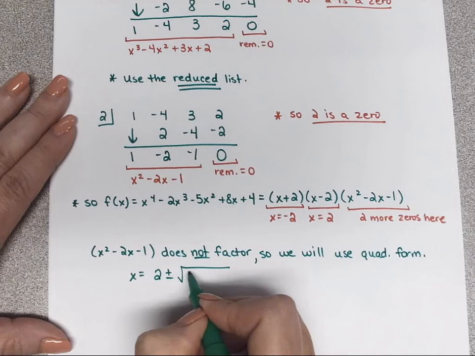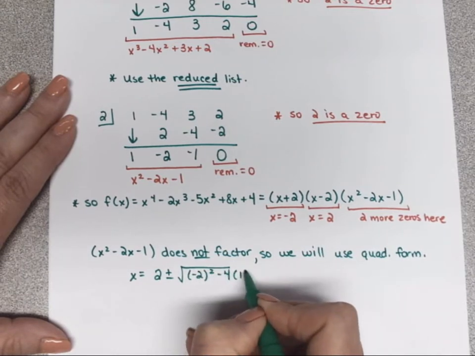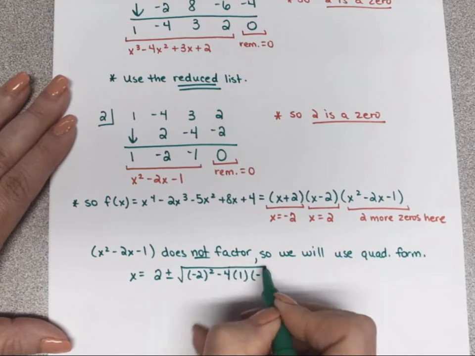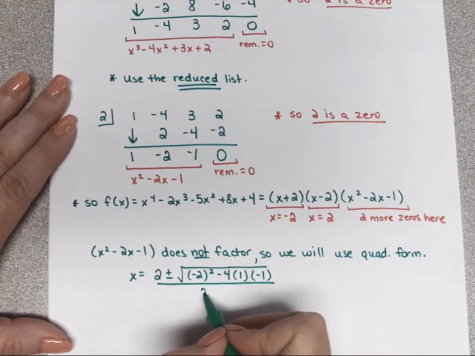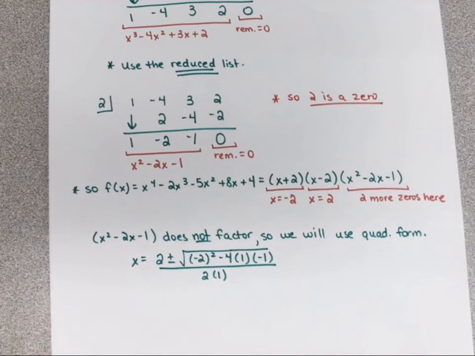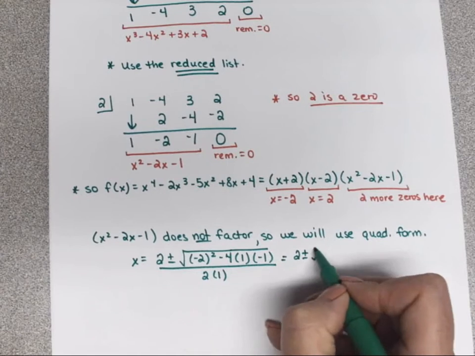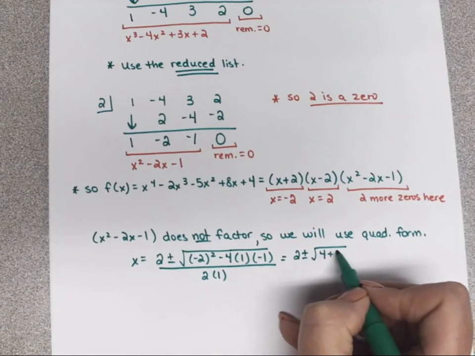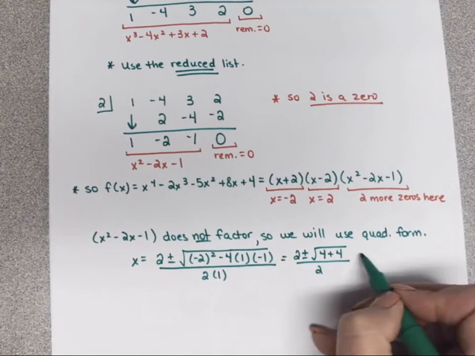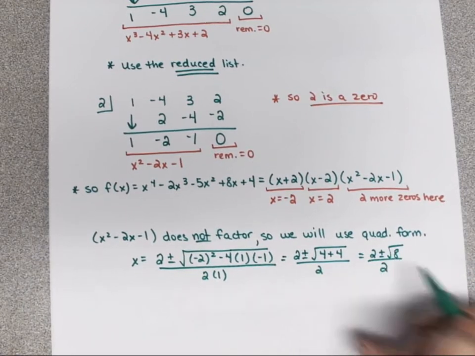Plus or minus the square root of b squared minus 4ac, all over 2a. So really watch your signs here. That's probably the number one mistake. So we end up getting 4 plus another 4. So we get 2 plus or minus the square root of 8 over 2.